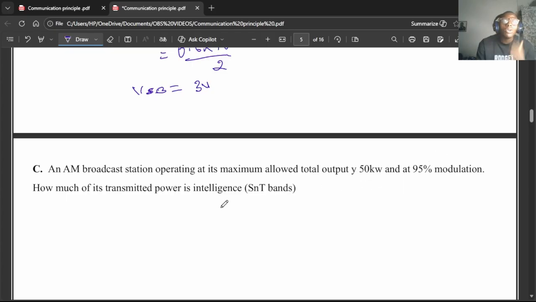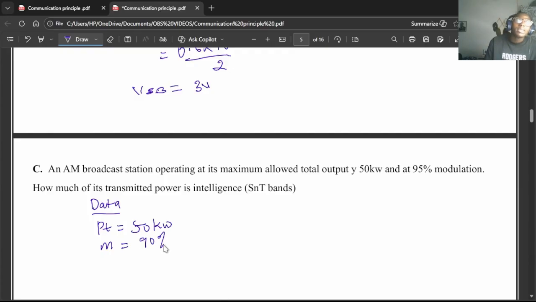So in essence, let's take down our given parameters. Your data: you are given your power output, which can be denoted by PT, and your PT is given to be 50 kilowatts. Now what are we given again? We are given the modulation index, which is 95%.